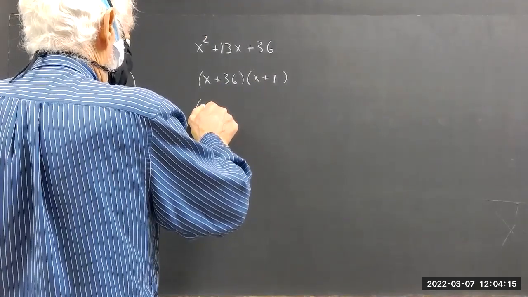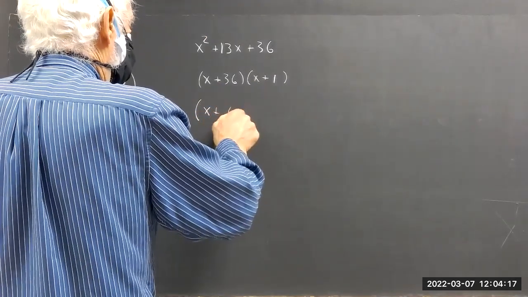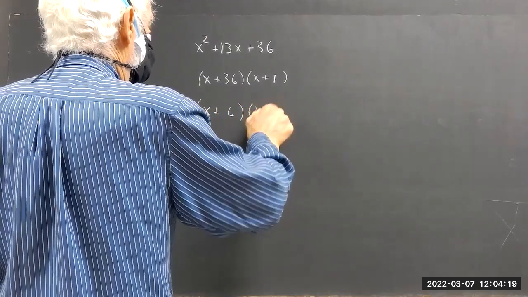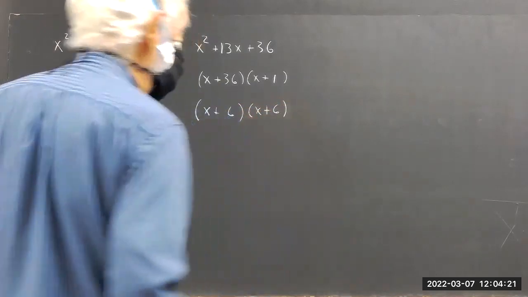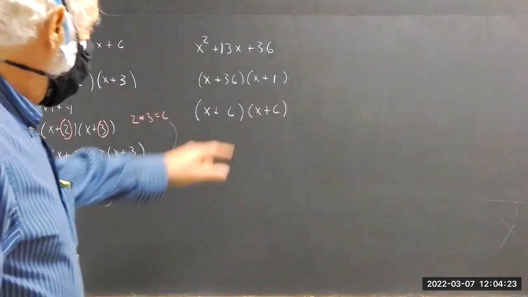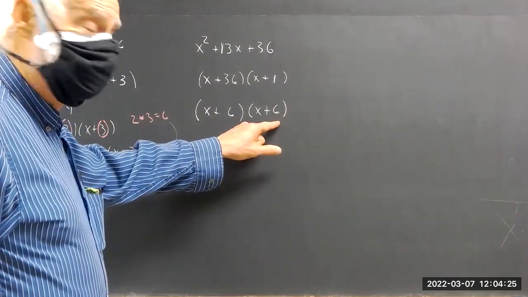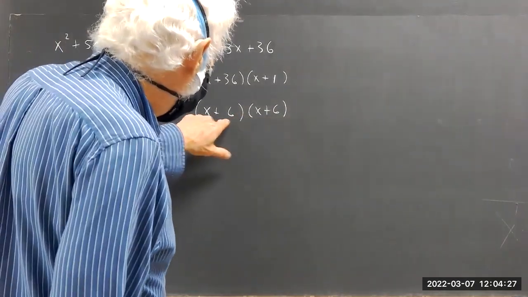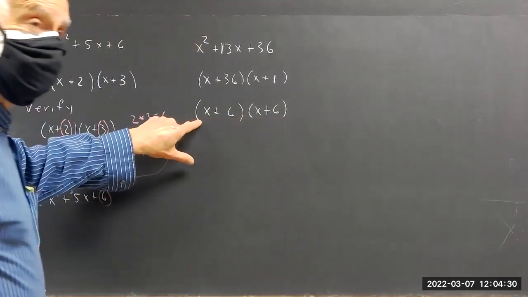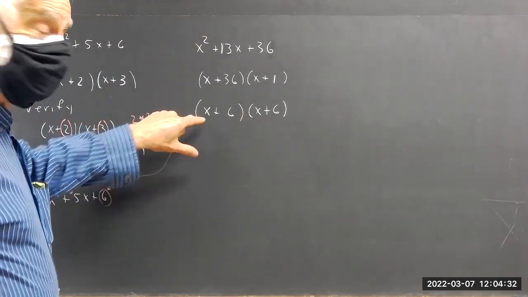I could try, 36 is a perfect square. I could do x plus 6 times x plus 6, right? That would give me 36. But I have a 6x from here and a 6x from here, which will give me 12x.